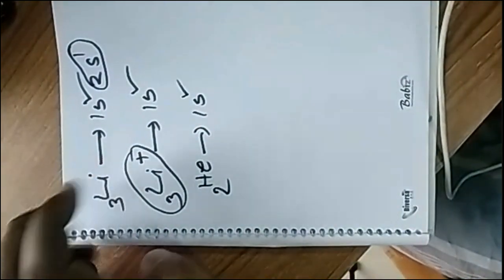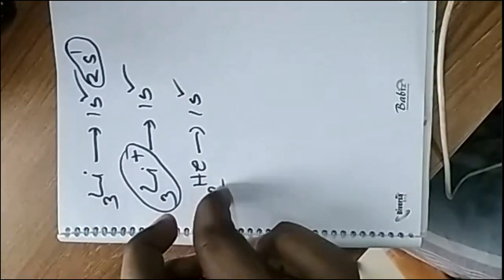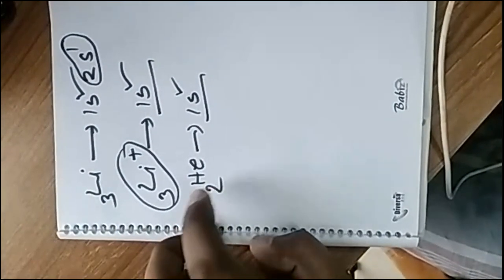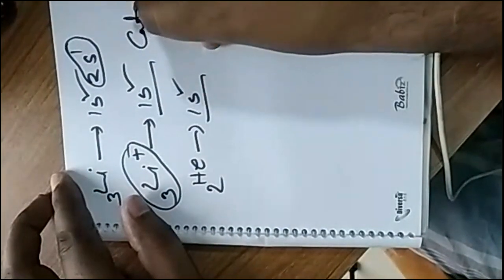So the electronic configuration of lithium 1 plus is quite similar to that of helium, because here the electron number is 2 and here also the electron number is 2. Here helium is a neutral element, but the lithium ion is a cation. Cation means positively charged ion. So by this way, elements try to donate electrons to achieve the electronic configuration of inert gases.